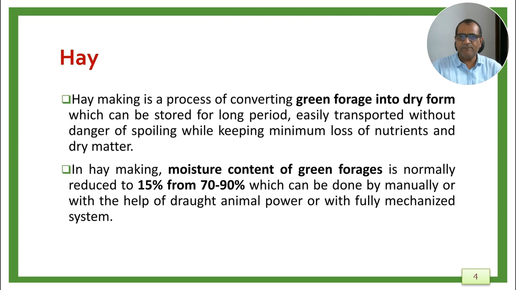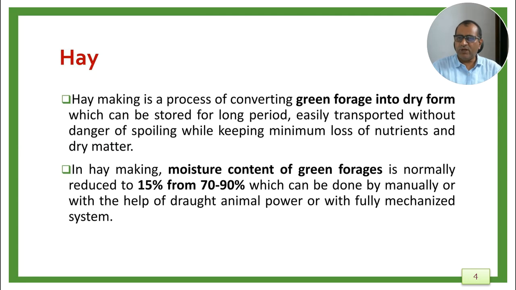Coming to the first thing, what is the definition of hay making? Hay making is a process of converting green fodder or forage into dry form, which can be stored for a long time and easily transported without danger of spoiling, while keeping the minimum loss of nutrients and dry matter.